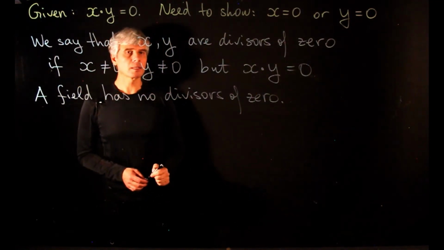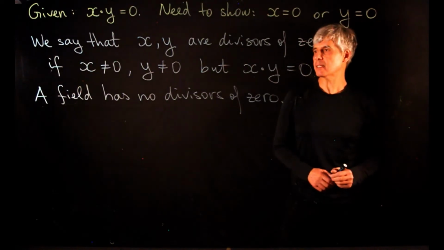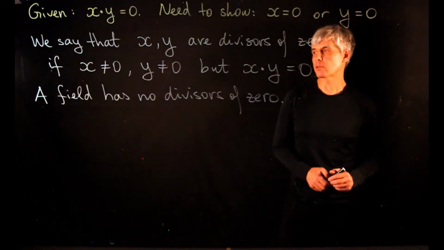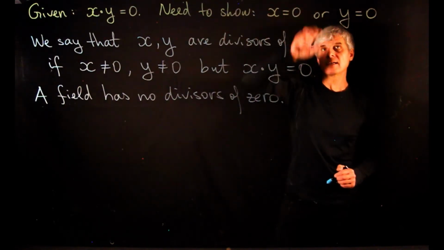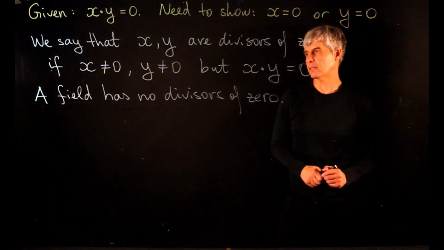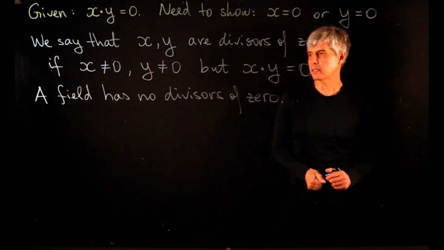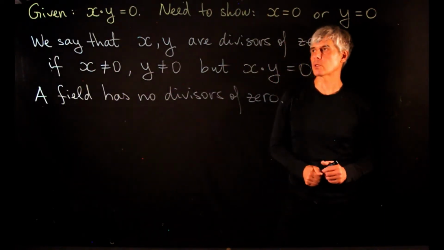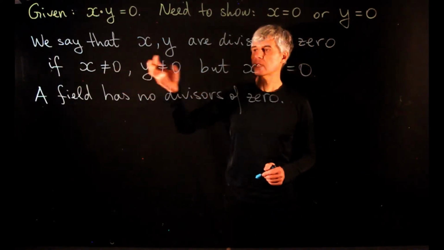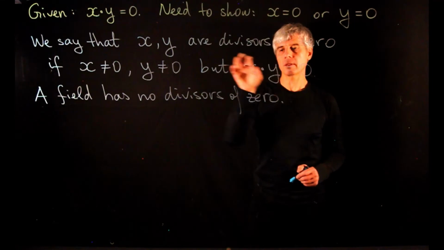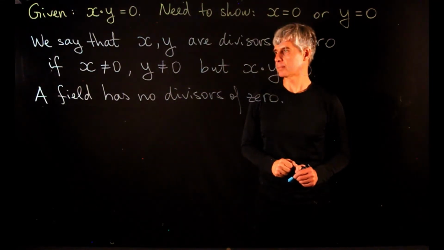So later we will see examples of arithmetic systems that will have divisors of 0. And so this exercise tells us that a field has this very nice property that it has no divisors of 0. So this means that if two elements are non-zero, then their product is also non-zero.